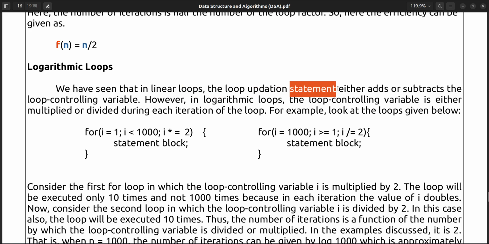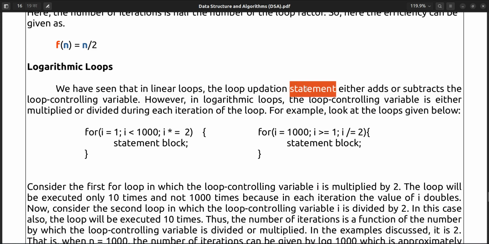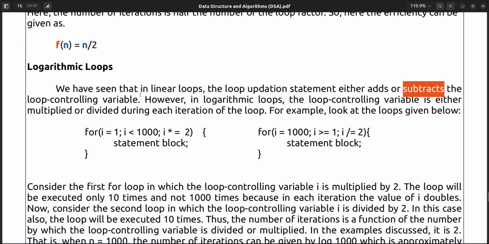We have seen that in the linear loop, the loop updation statement either adds or subtracts the loop controlling variable. However, in a logarithmic loop the loop controlling variable is either multiplied or divided during each iteration of the loop.